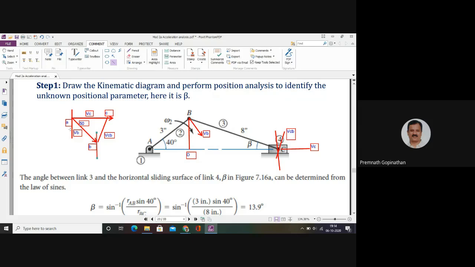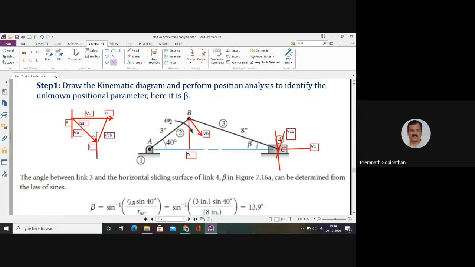Now again you can see this VB is inclined to the horizontal at an angle of 50 degrees, because the angle it has with the horizontal VC is actually 50 degrees. So this particular angle at point B is known. That means the horizontal at point B and vector VCB will be making an angle of 50 degrees.